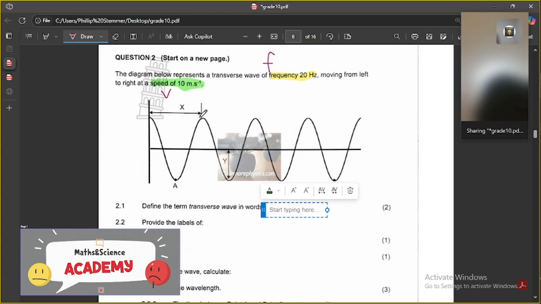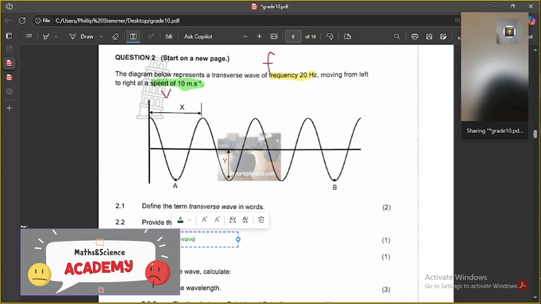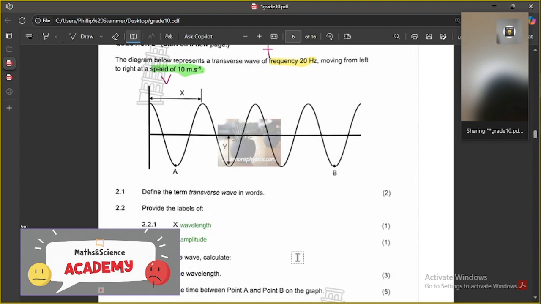You will see if we put a particle here and the direction of the medium is to the right, we can see that the change is at right angle to the propagation of the medium. That's the definition of a transverse wave. So x is the wavelength, y is the amplitude.